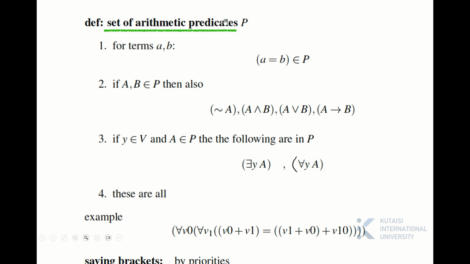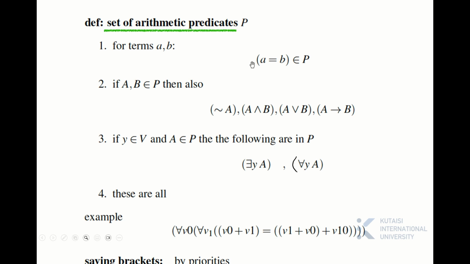So by arithmetic predicates, I build strings that will have some kind of truth meaning attached to them. What is a predicate syntactically? If you have terms A and B, think of expressions in natural numbers, then (A equals B) with parentheses is a predicate. For example, V10 plus 1 equals V11 plus C11 is a predicate. Now, if A and B are predicates, then not A is a predicate, A and B is a predicate, A or B is a predicate, and A implies B is a predicate.